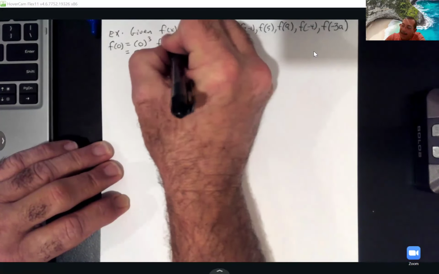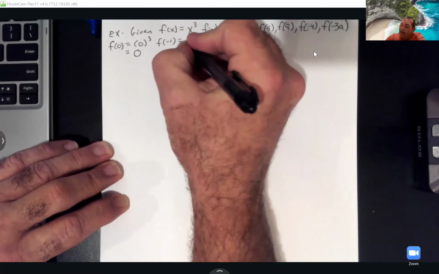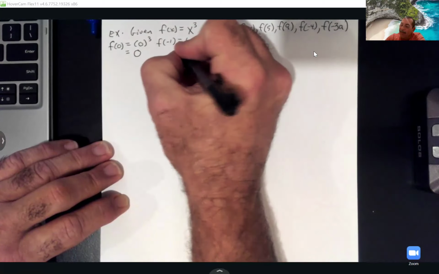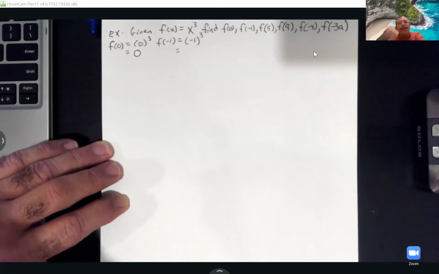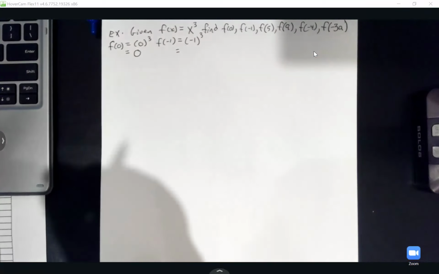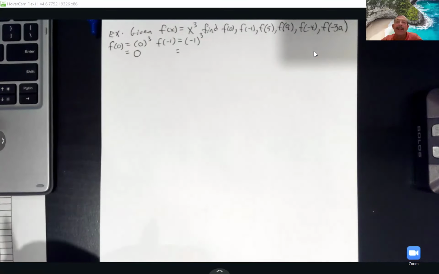F of -1 will be -1 to the third power. So what sign y'all giving this answer? Negative, because you got a negative times a negative times a negative.